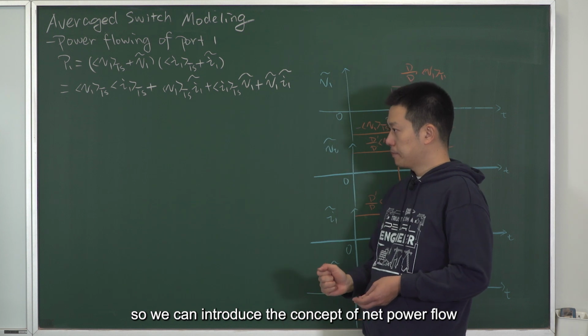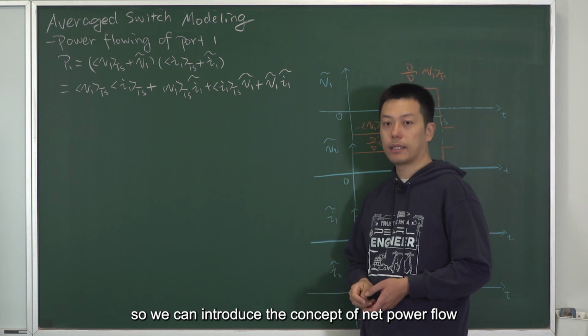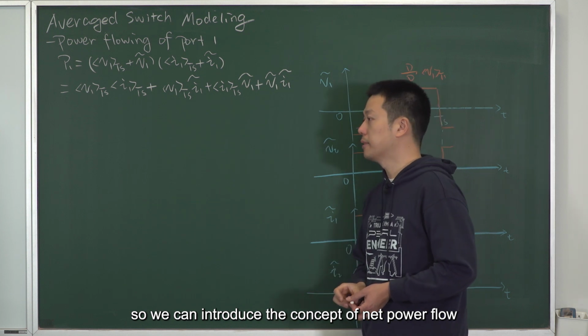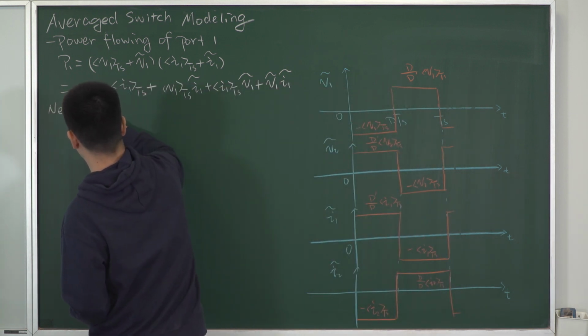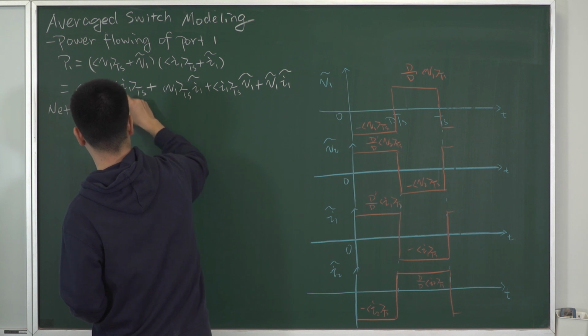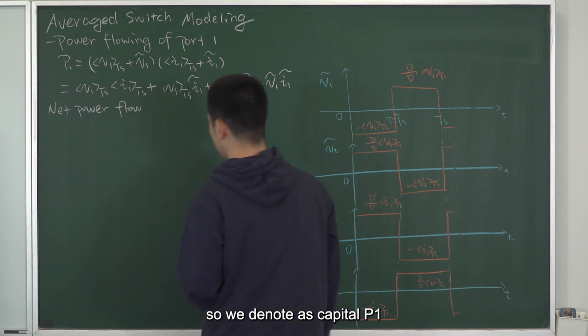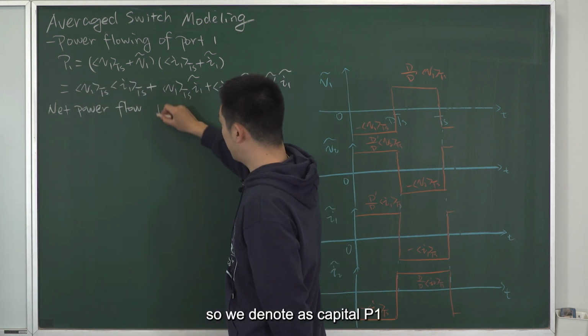So we can introduce the concept of net power flow. So we denote as capital P1.